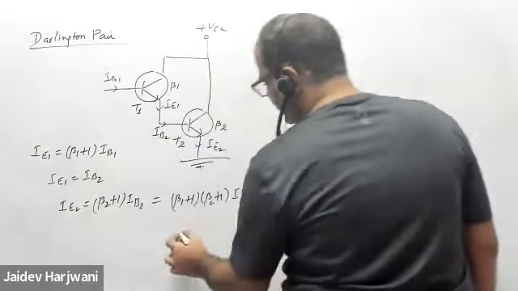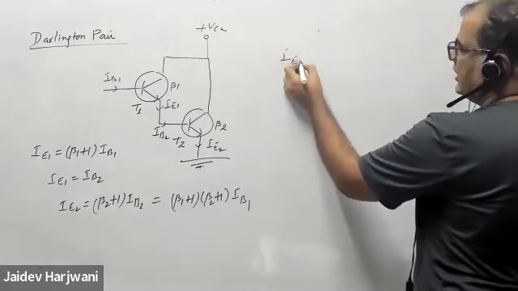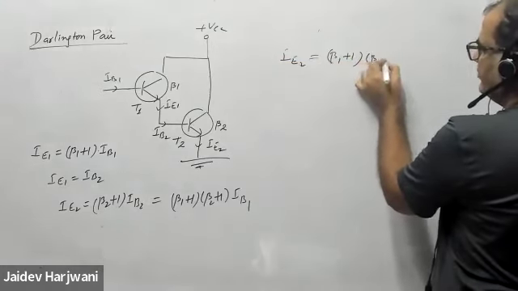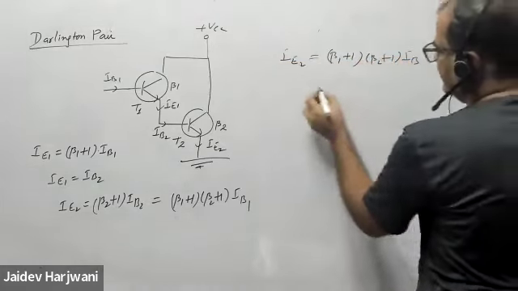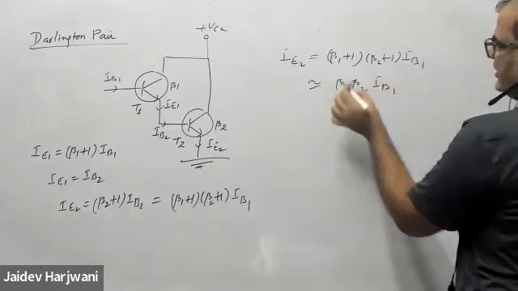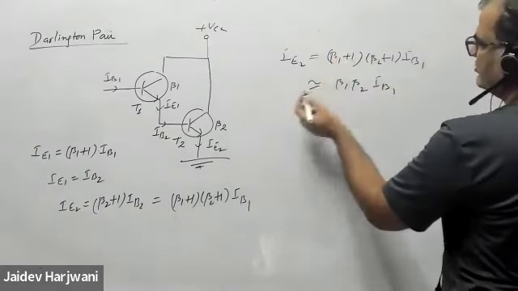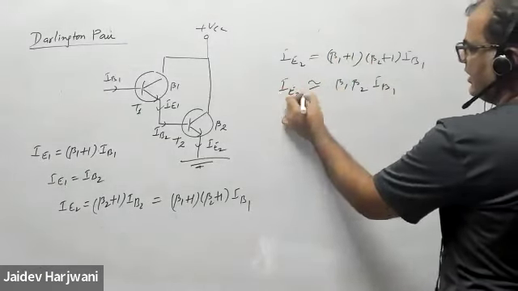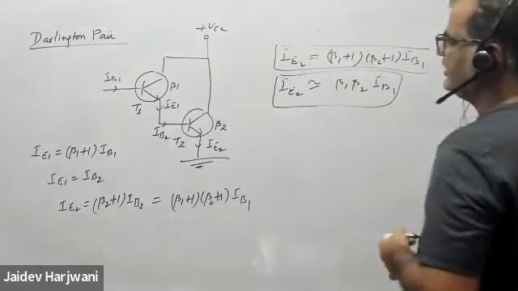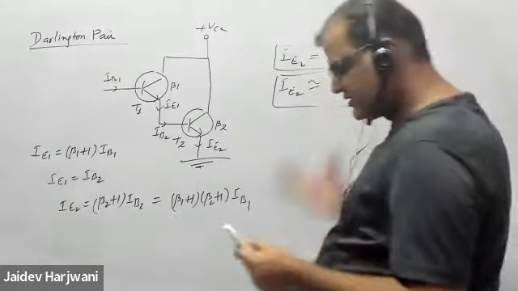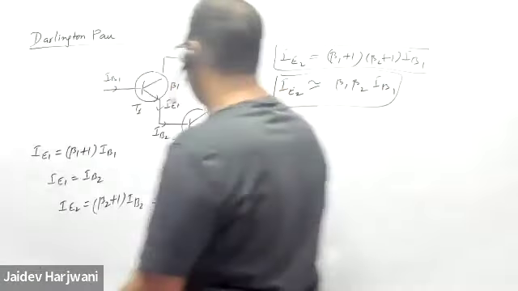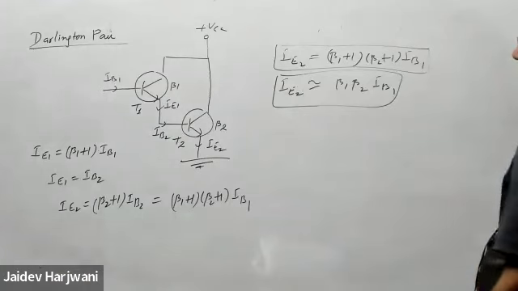So my equation for the emitter current IE2 becomes beta 1 plus 1, beta 2 plus 1, IB1. Sometimes we write it as beta 1 beta 2 IB1 if they are very high compared to 1. Roughly we can write like this, or you use the more accurate formula. Since this is always in a pair, it is called a Darlington pair.